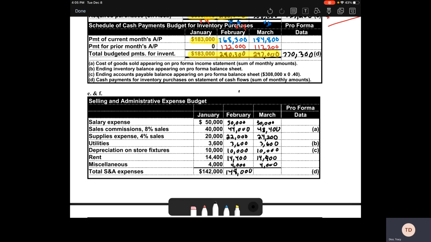And for the month of February, we find that we get $154,600 in total selling and administrative expenses.